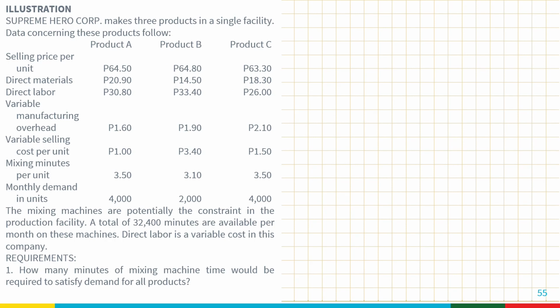In this problem, we're going to solve for the number of minutes of mixing machine time that would be required to satisfy the demand for all products. Okay, so let's start.